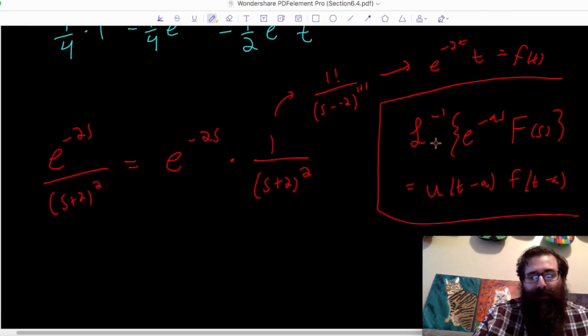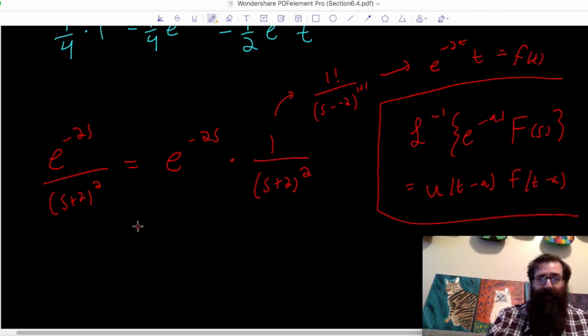So what I want is f of t minus a. And what is a in this case? Well, a in this case is 2. So I can actually just follow this now to figure out what this should be. It should be the unit function at t minus a, that's t minus 2.